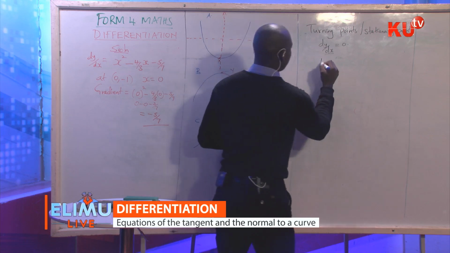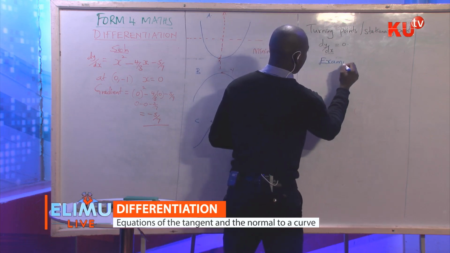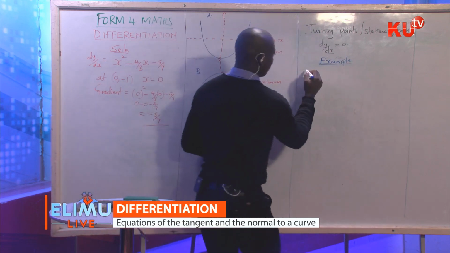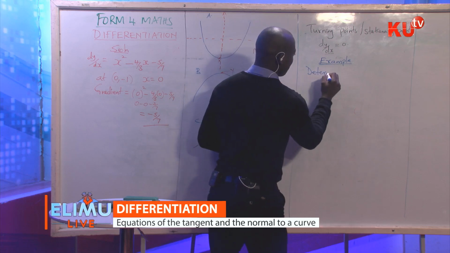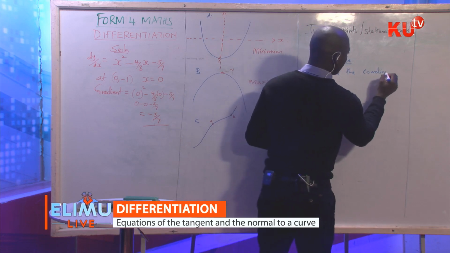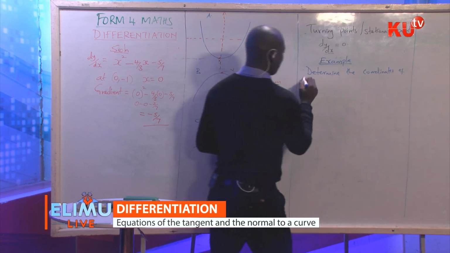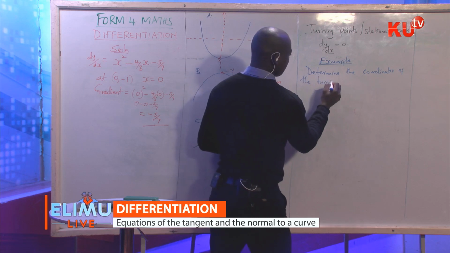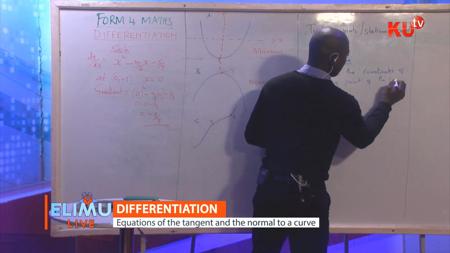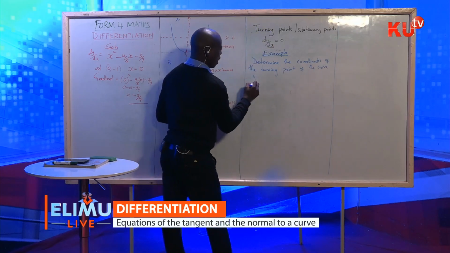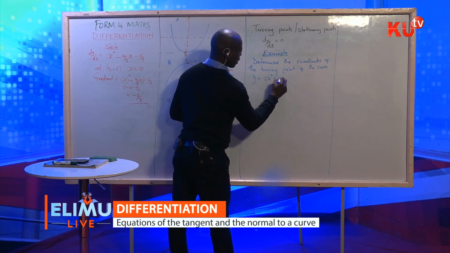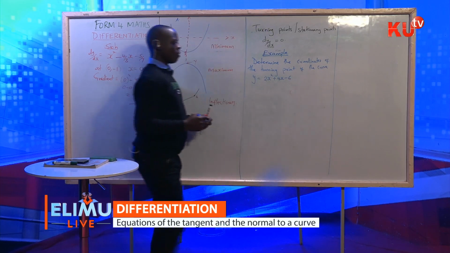Example. So students, let's take this example. You are told to determine the coordinates of the turning point of the curve y equals 2x squared plus 4x less 6.